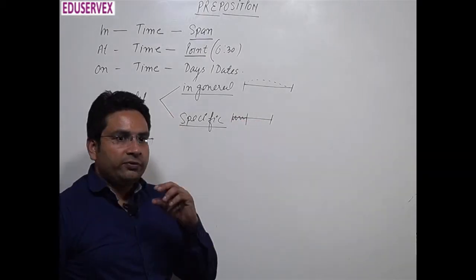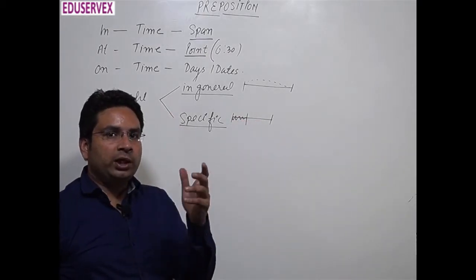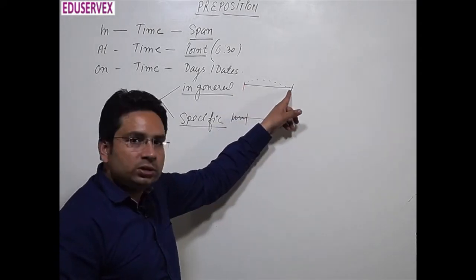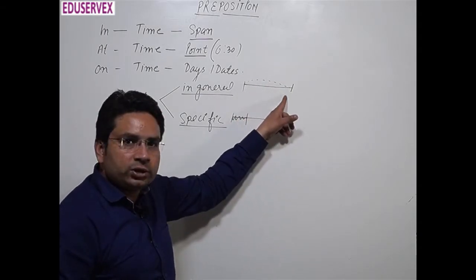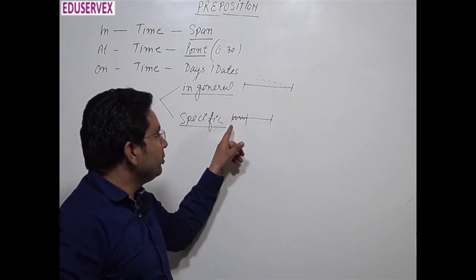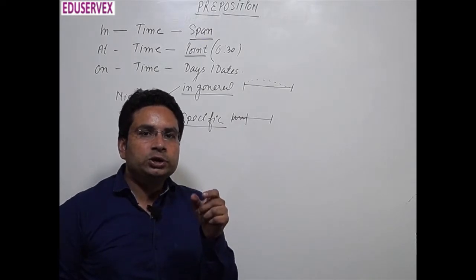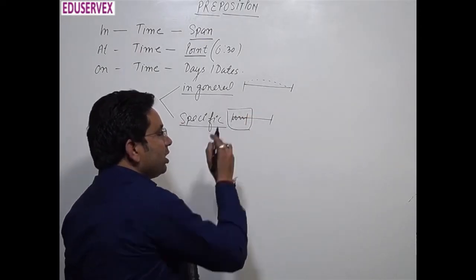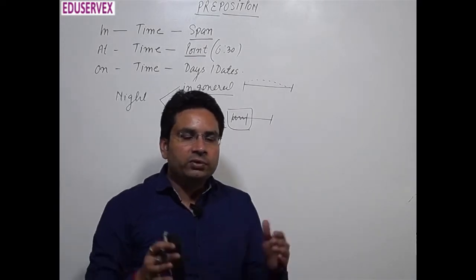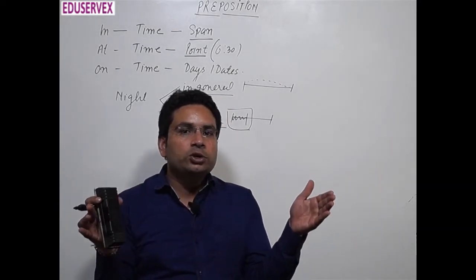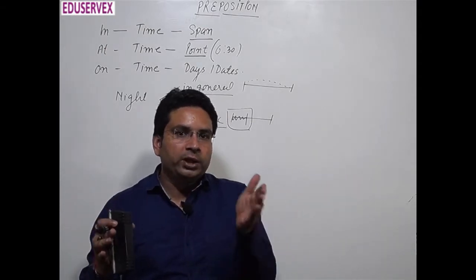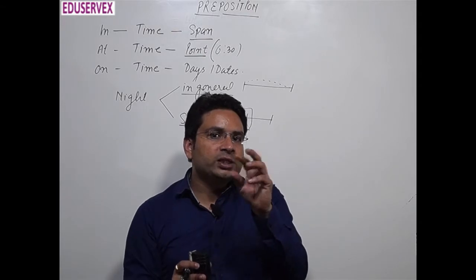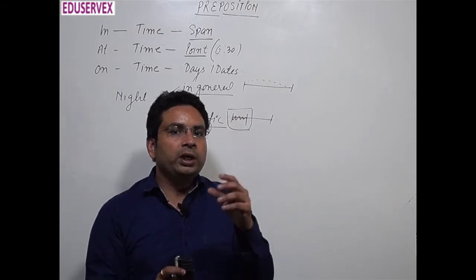Meaning, if I say you should sleep properly at night, it means you have to sleep up to here. You are going to cover the whole night. But if I say we celebrated a birthday party, then it should be in the night, because I have just taken a part of this idea. The thing is that if the night is long and the action is going to cover this idea from here to here, it should be at. And if you have made night specific, then the answer should be in the.